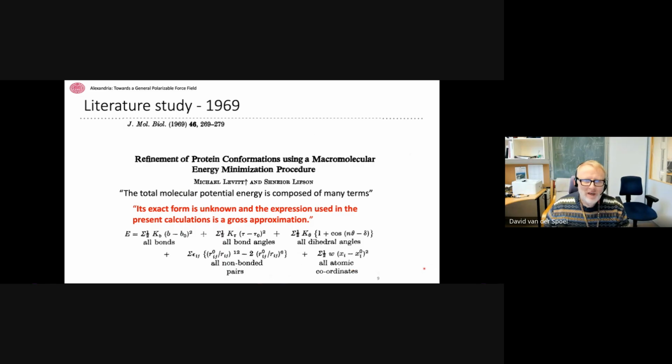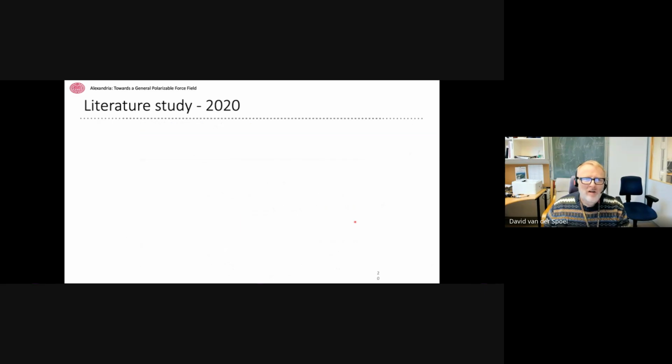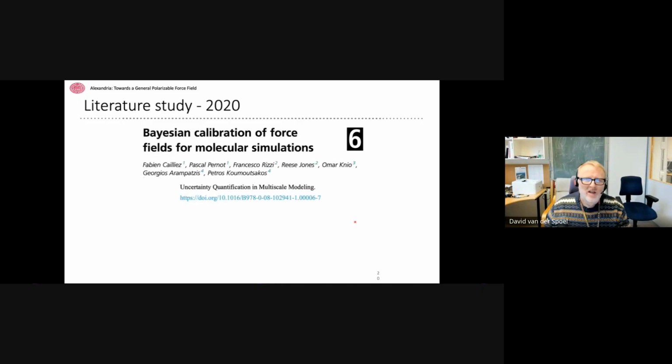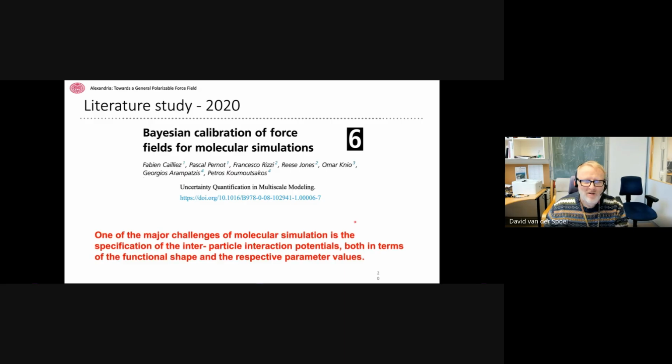So what they wrote in this paper is that the total molecular potential energy is composed of many terms, its exact form is unknown, and the expression used is a gross approximation. 1969, right? Okay, fast forward to 2020, where a group of people wrote about force fields for molecular simulation. One of the major challenges of molecular simulation is the specification of the interparticle interaction potentials, both in terms of the functional shape and the respective parameter values.